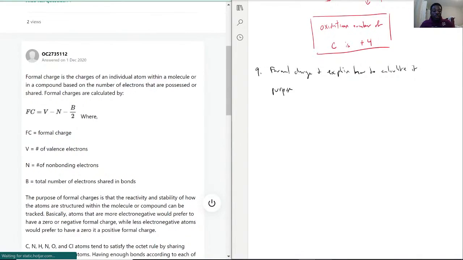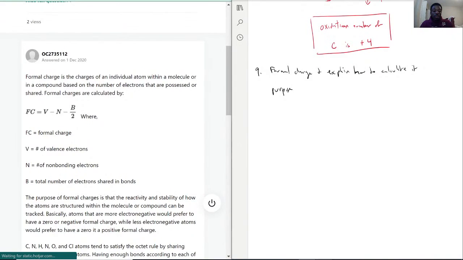Let's say we're dealing with NH3. This nitrogen's formal charge will be based on the electrons it has by itself right here, and the electrons it's sharing, which are these 3.